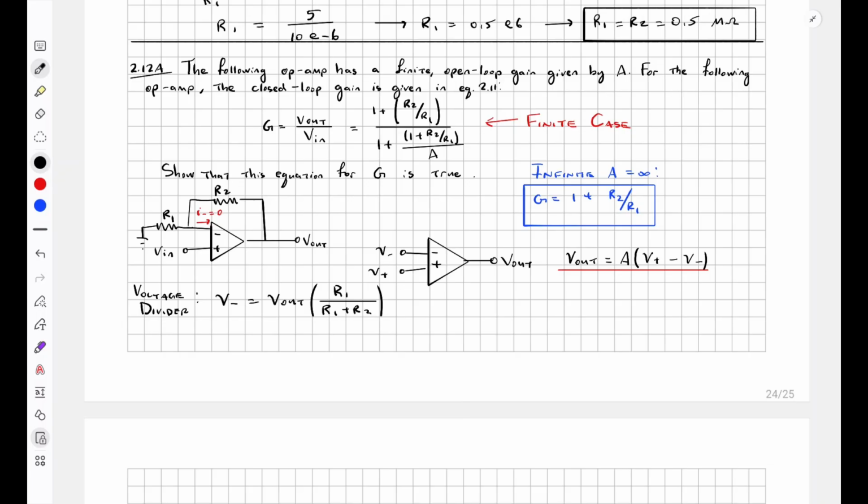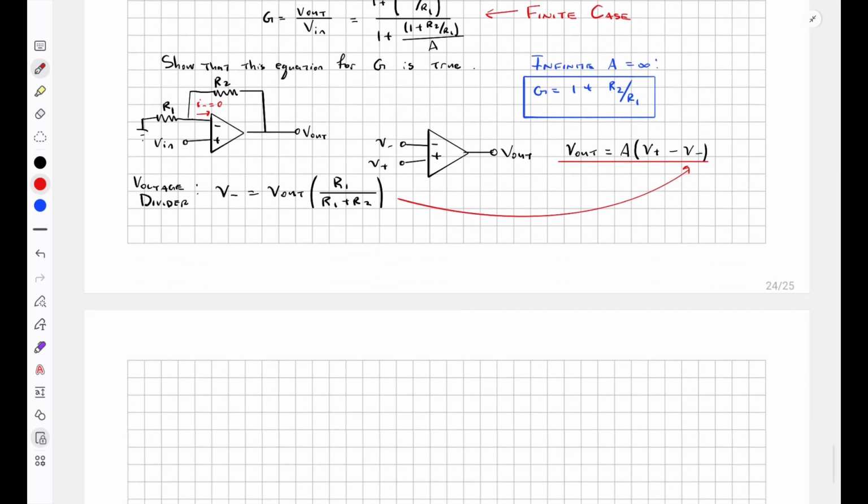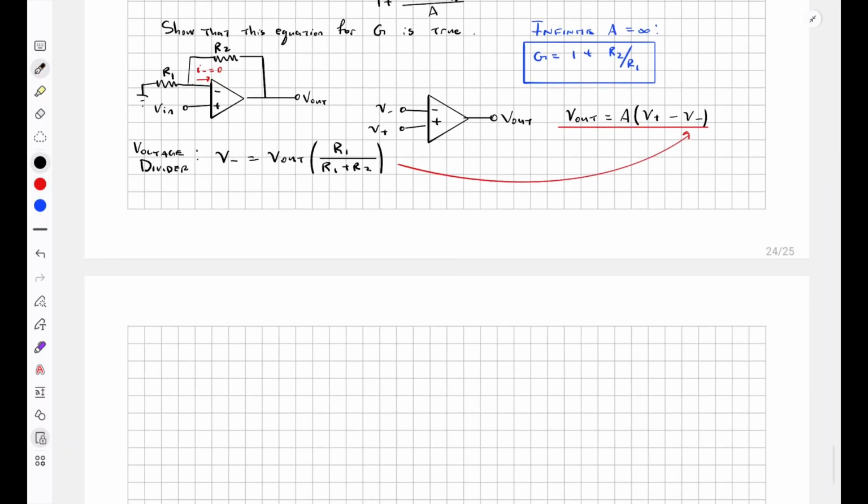Now we can take this equation we solved for V minus and input it into the previous equation for how the op-amp behaves in open loop configuration. Combining these two equations, we get V out is equal to A times V plus minus V minus, so V out multiplied by R1 divided by R1 plus R2.